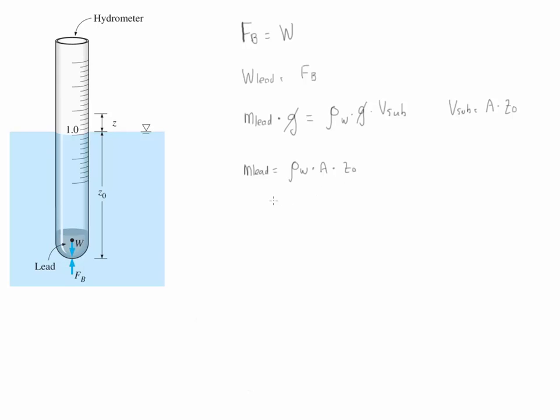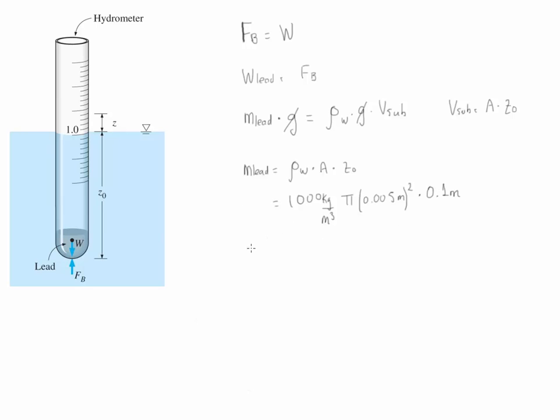Now notice that the density of water is equal to 1,000 kilograms per meter cubed, and the area A is going to be pi times the radius, which is equal to 0.005 meters, to the second power, and the value of Z0 is equal to 0.1 meters.